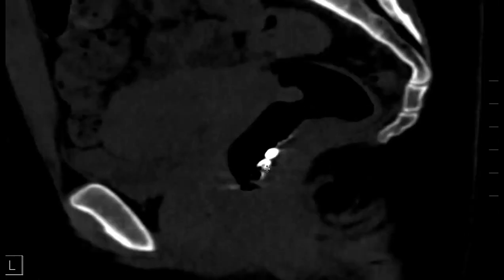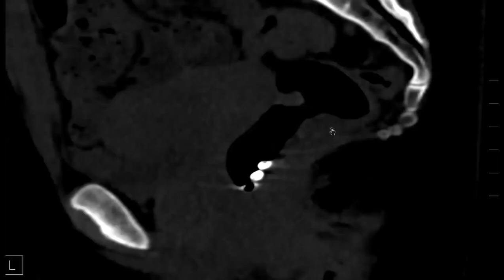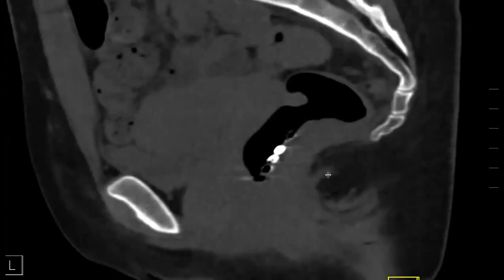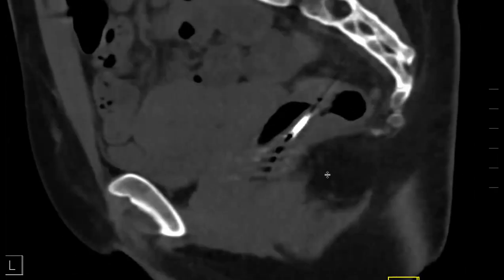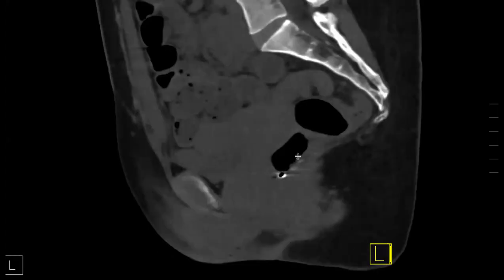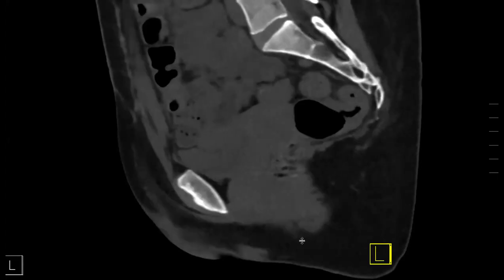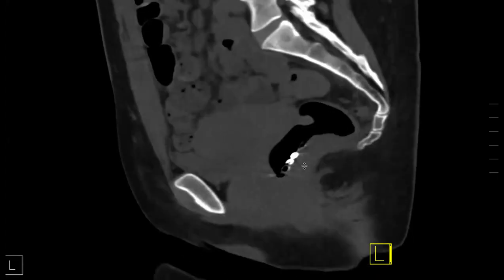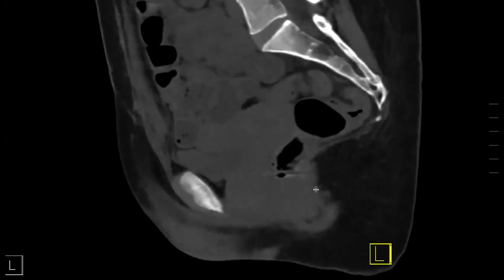You also wouldn't want to pull it out because you don't want to translocate bacteria along the tract, then you'll get a fistula. So the best approach would probably be to cut it here in the subcutaneous tissue, pull it out from below, and then do a clip overlying the enterotomy.